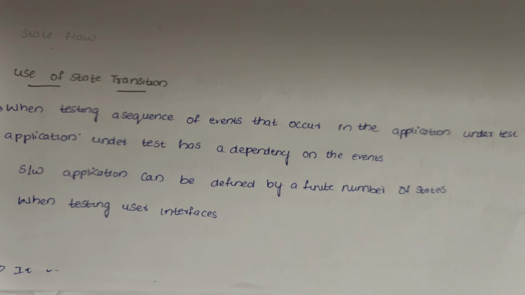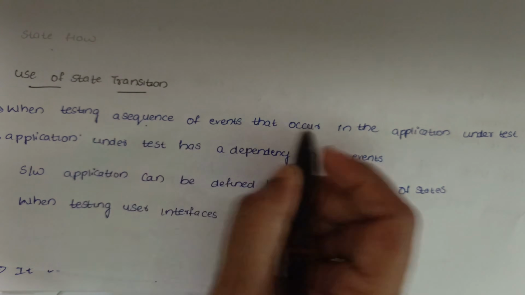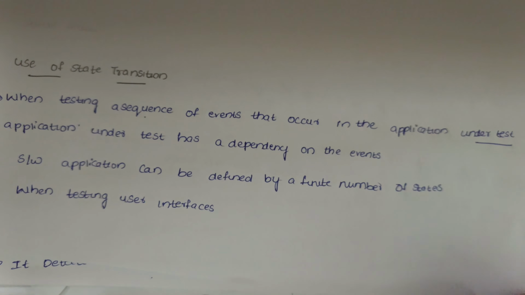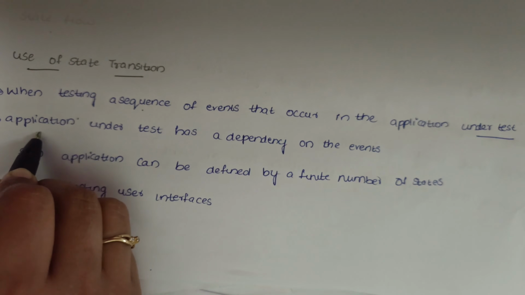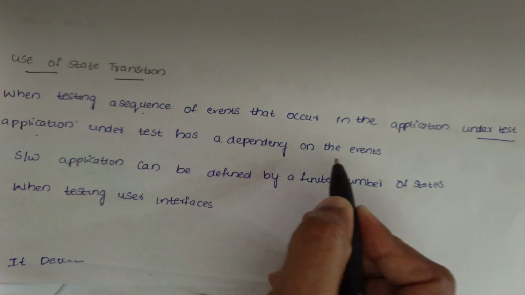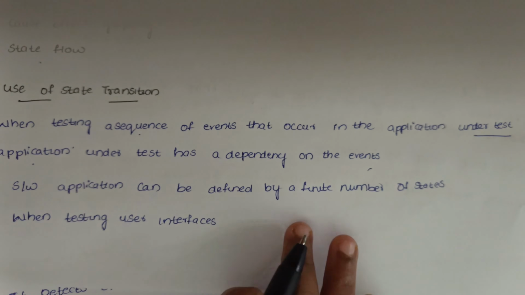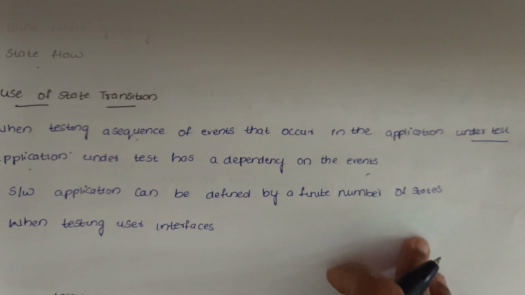Uses of state transition. It is used when testing a sequence of events that occur in the application under test. Next, when an application under test has dependency on events. Next, a software application can be defined as a finite number of states.